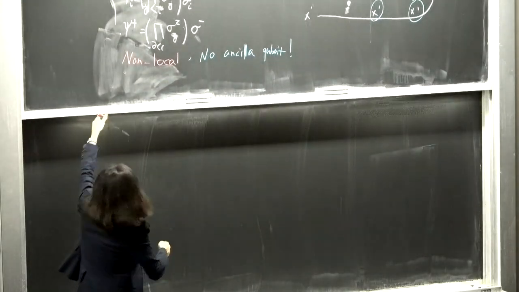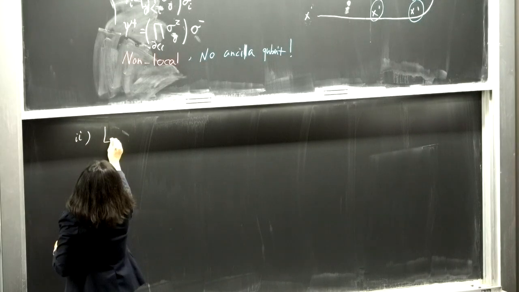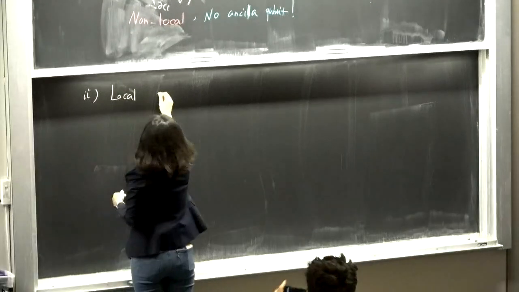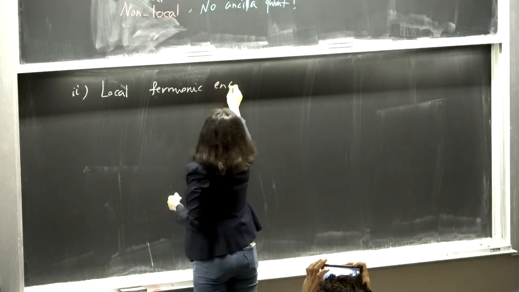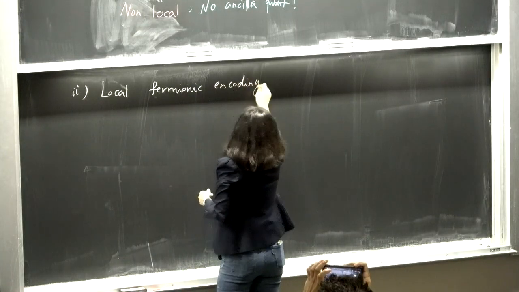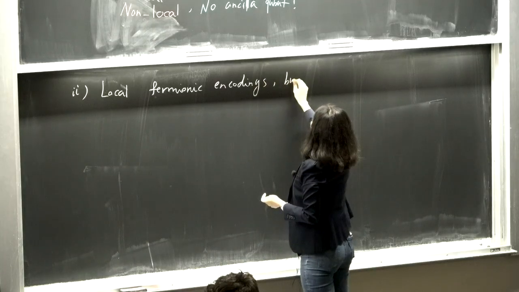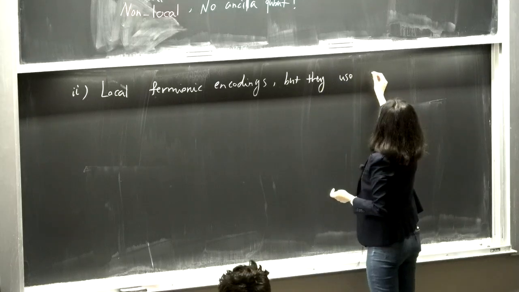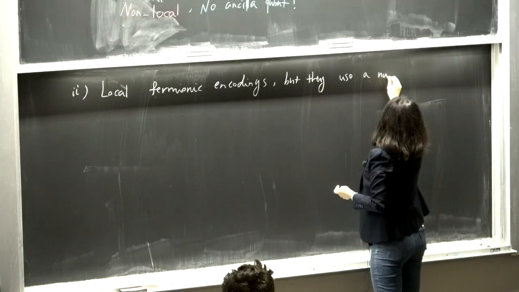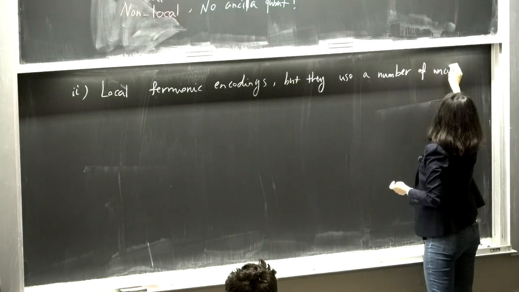I'm not going to tell you how they work, but I want to say that there are also local fermionic mappings or encodings. But they use a number of ancilla qubits.